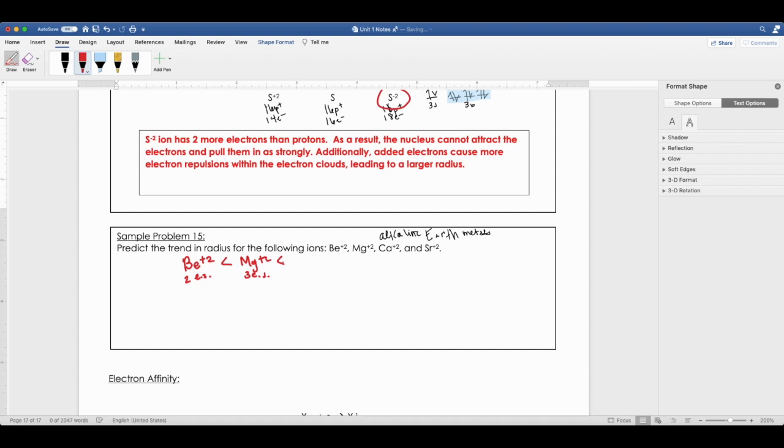It's in the 3rd period. The next one would be calcium. Calcium's in the 4th energy shell. And strontium is the final one. This is in the 5th energy shell.